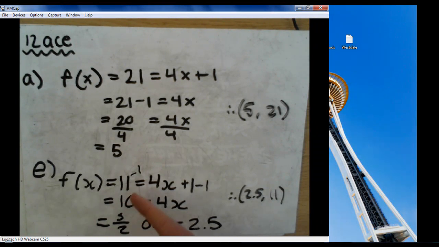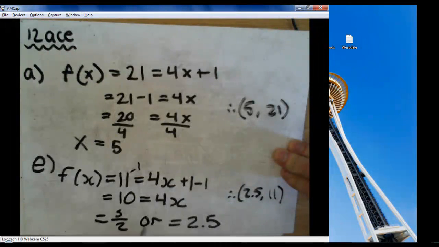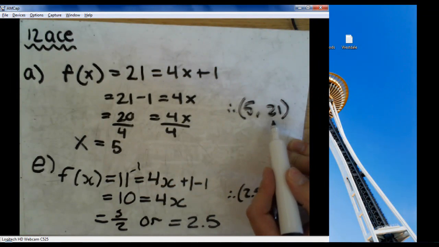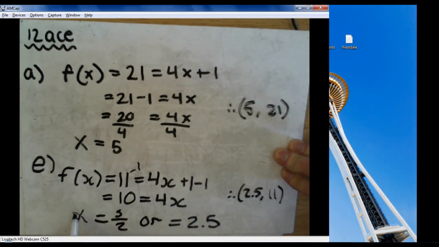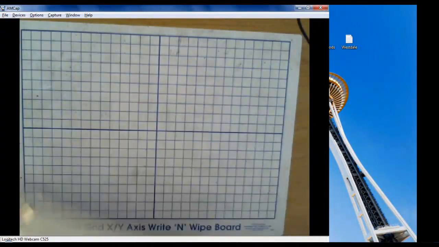And then for E, same thing, you subtract 1 from both sides, 10 equals 4x, and then 5 divided by 2, or 2.5, is your answer and your point. The only other thing is it's x equals 5, right? f(x) they gave you is 21, and here it would be x. So it's just the way you notate this. Careful. Perfect.